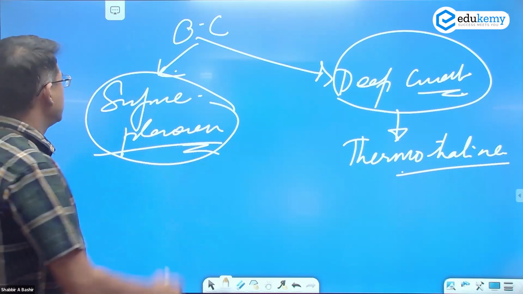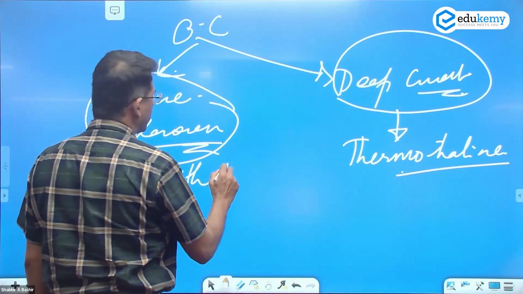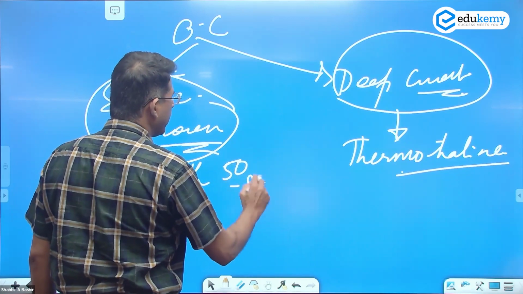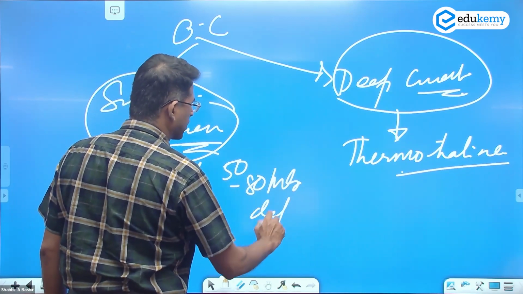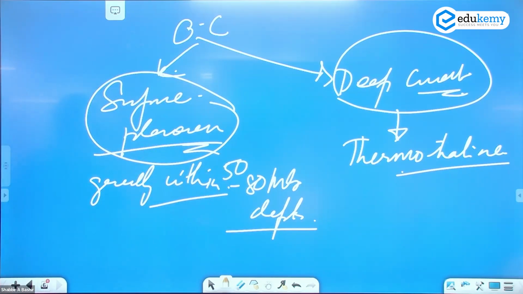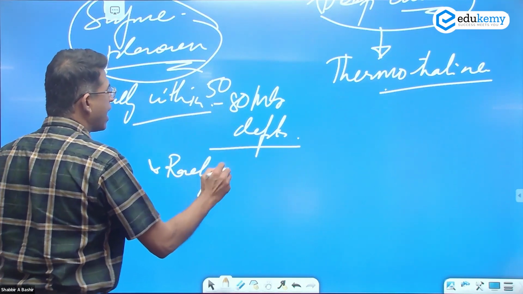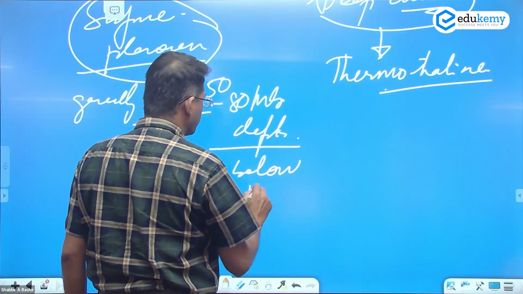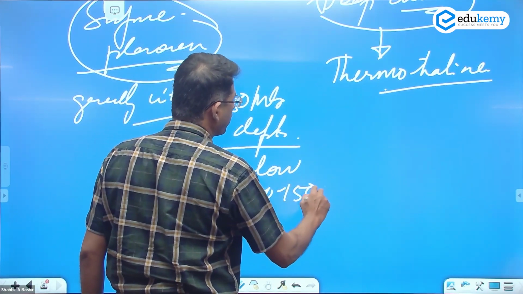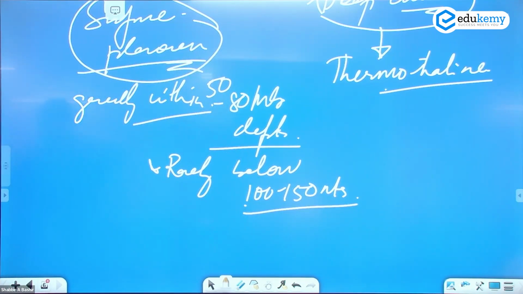When I say surface, these are generally within 50 to 80 meters के depth में होता है. Okay, they are generally within 50 to 80 meters depth, and these are rarely below 100 or 150 meters.